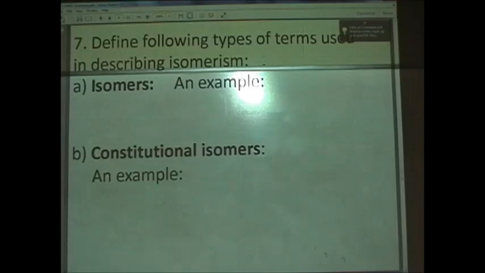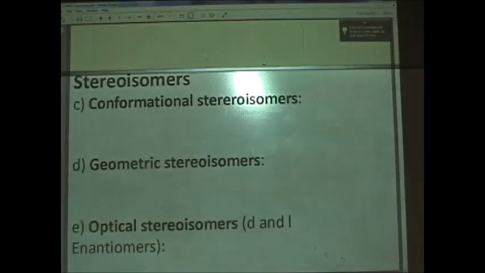Also, another example is alcohol and dimethyl ether. Remember, oxygen stuck between two methyl groups. So those are constitutional isomers. Now we have to talk about the other types of how the molecular structure is going to be different. The next one is conformational isomers.